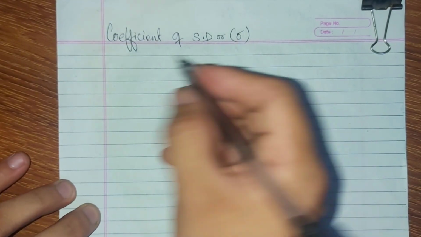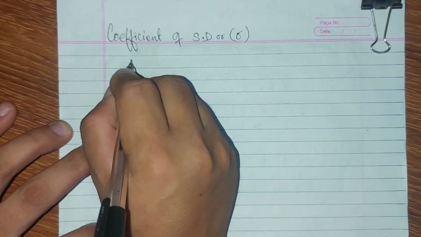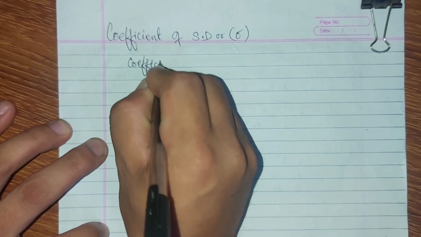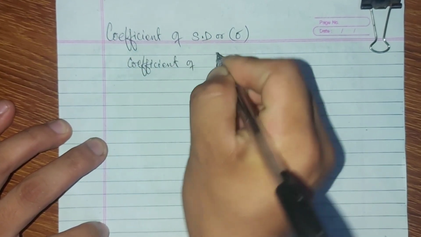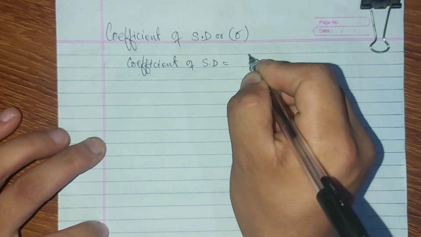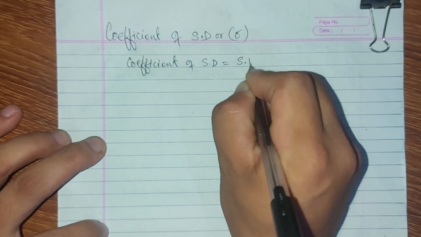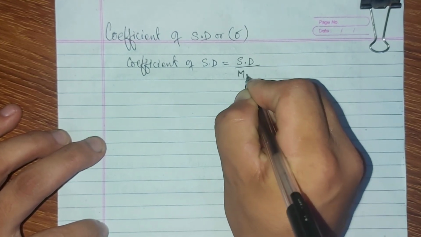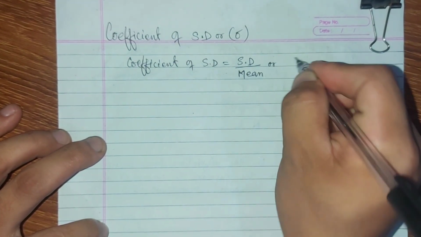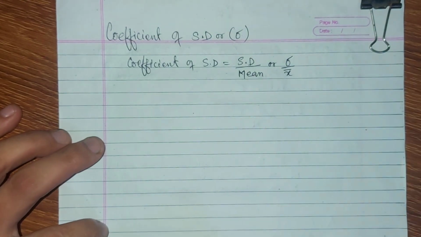Coefficient of standard deviation लाई हामी कसरी denote गर्छ भन्दाखेरि it is coefficient of standard deviation is equal to standard deviation by mean, or sigma by x bar.